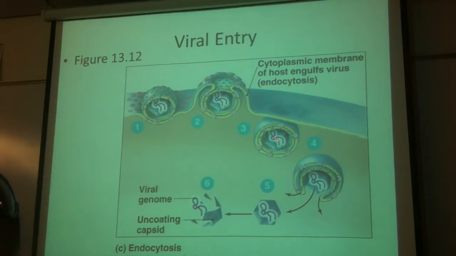But trapped inside here is your virus, and a lot of times it figures out ways of tricking the little membrane open so it can release. It can kick off its capsid that was protecting it, and now you have viral genome inside the cell. The whole point is viral genome inside the cell.